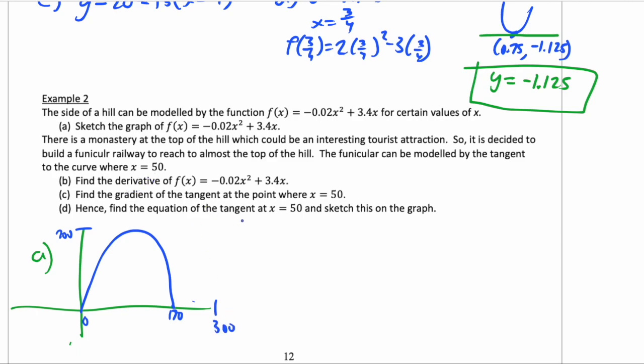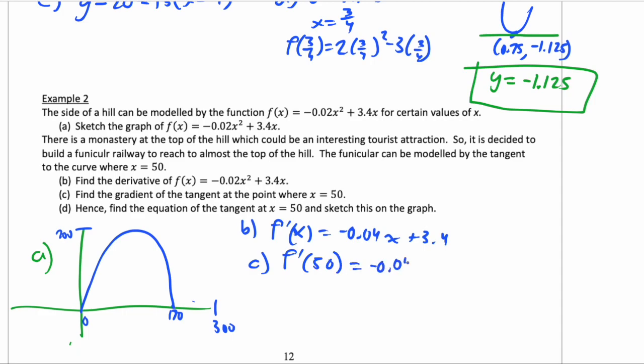Find the derivative of the function. So the derivative is equal to 2 times that, which is negative 0.04x plus 3.4. Number C, find the gradient of the tangent where x equals 50, so you can just substitute in 50. And this gives you negative 2 plus 3.4.